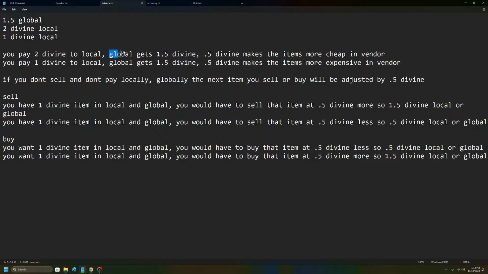They paid 1.5 divine to essentially, let's just say, a global vendor, and then they paid 0.5 divine to their local vendor. So all in all, it cost them 2 divine. 0.5 goes to the local vendor on the next sale of their item. But if they were to try to buy an item, it would be 0.5 divine more expensive in their local vendor.